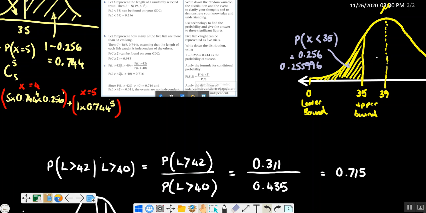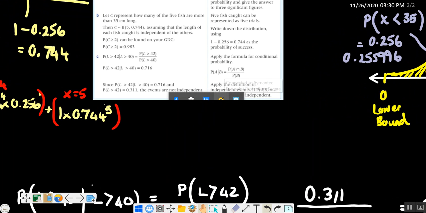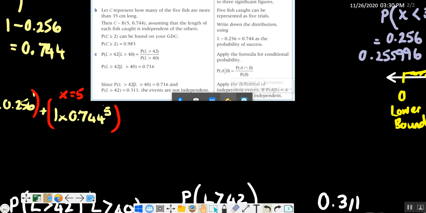So read what they've got there. Since the probability of 42 given 40 is 0.716, okay, and greater than 42 is 0.311, the events are not independent. So why is that? What are they saying?